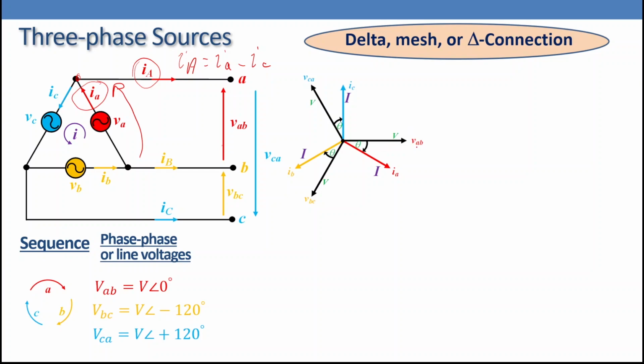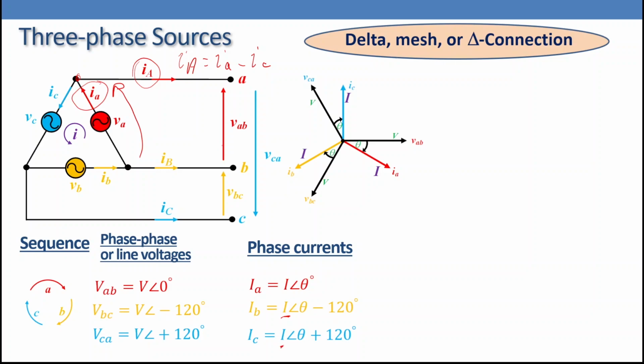So we have VAB, VBC, VCA shifted 120 degrees, and definitely the currents Ia, Ib, Ic as well are shifted 120 degrees. But the current is shifted from the voltage by angle theta. So we can write the currents as Ia equals I angle theta, Ib will be angle theta minus 120 for the same amplitude, and Ic with the same amplitude but theta plus 120.